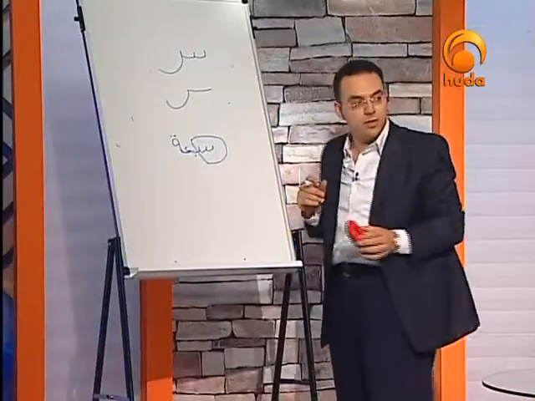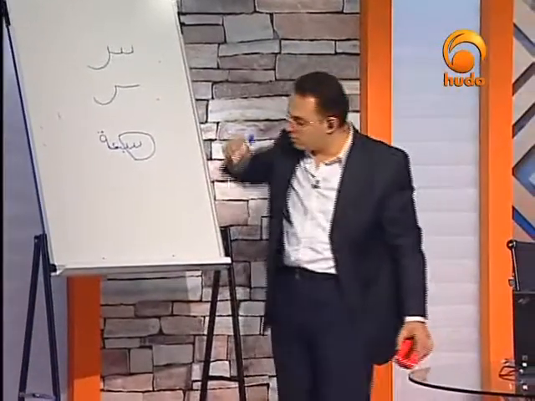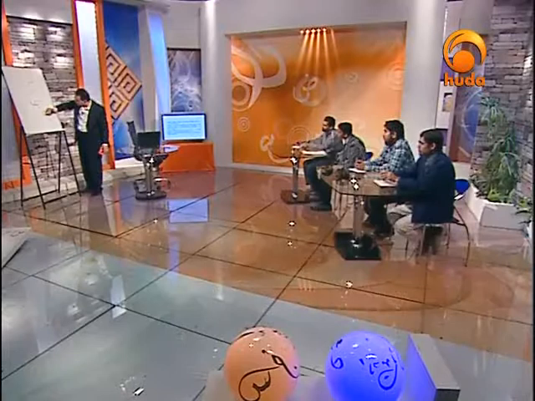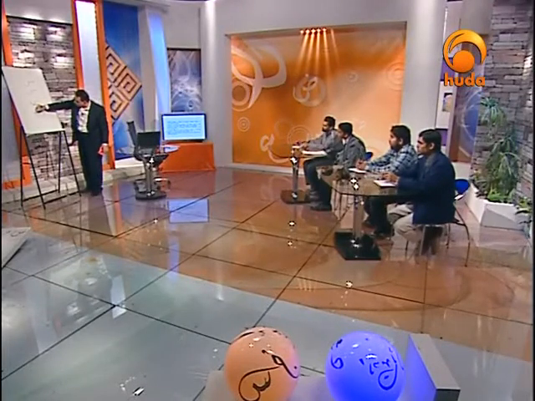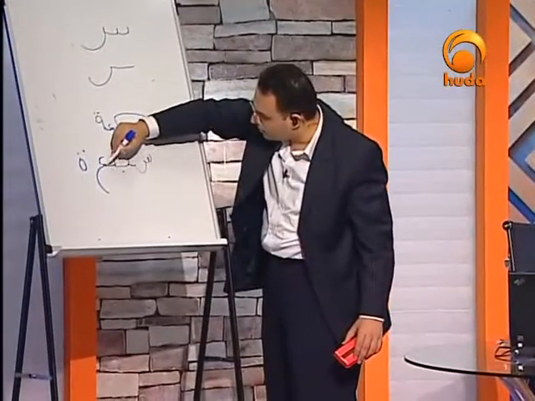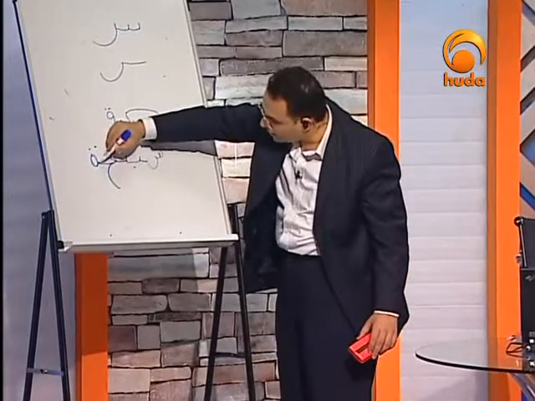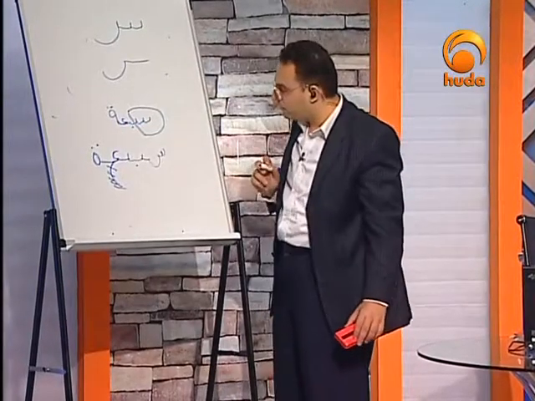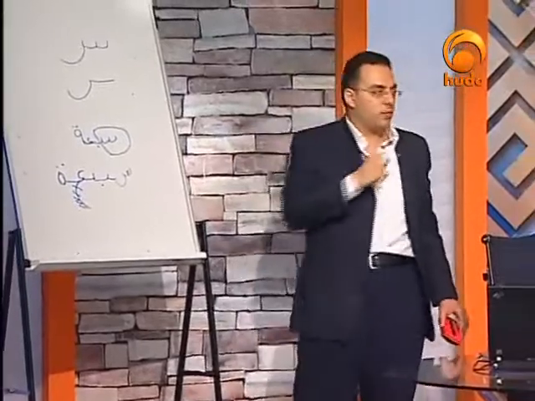So how many letters do we have in this word? Four. This is sa, this is ba, this is alif, this is ta. Right. So it comes here connected with the following one, and then it's connected here, and we remove that. So this is when it comes to initial position.